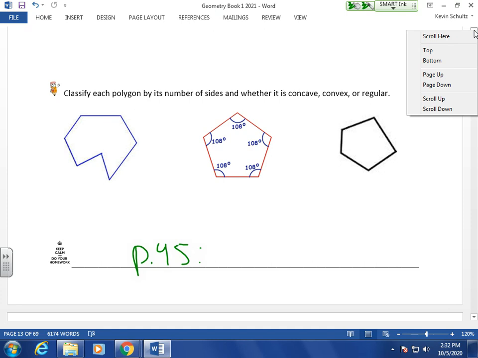Actually, on page... there's some algebra stuff in here that we haven't gotten to yet. That's why I'm hesitant on assigning. You haven't learned factoring yet. And that's what's required on some of this stuff. On page 47, we'll call an audible. Page 47.